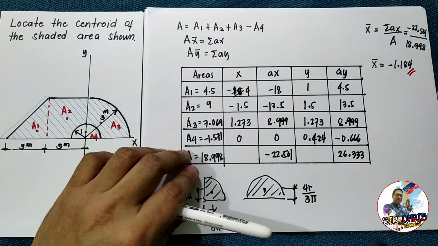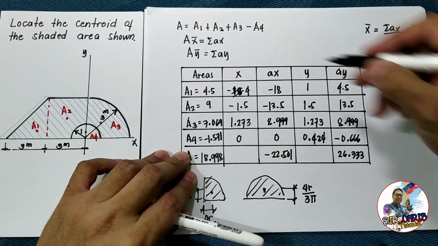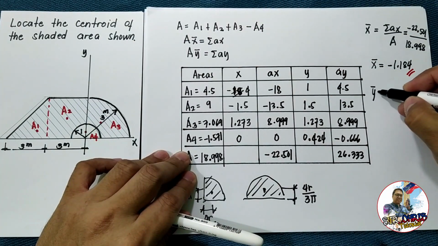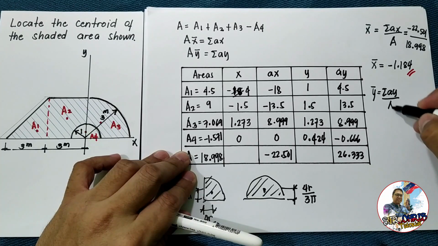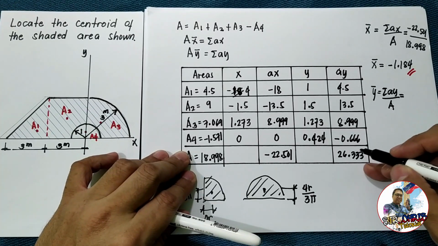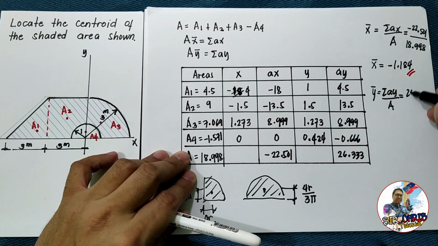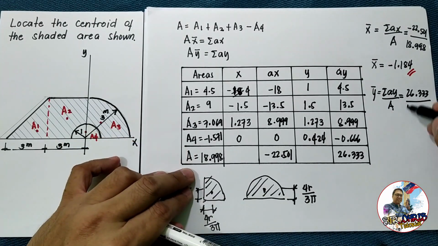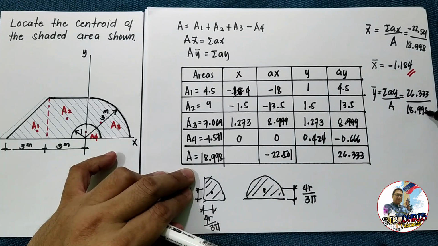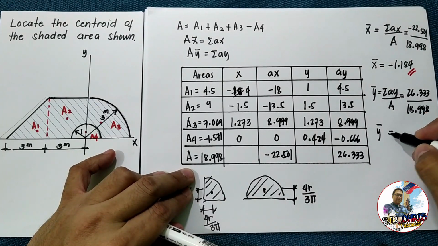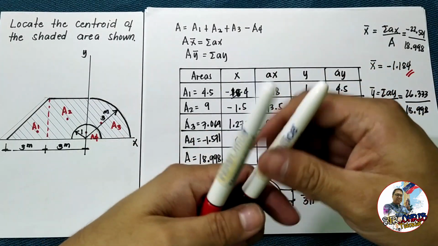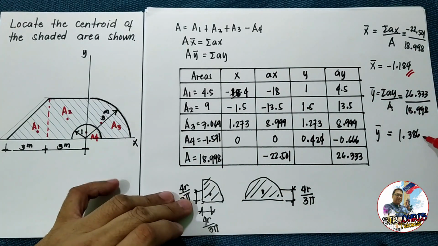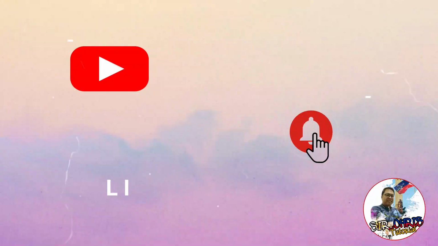Next we have Y bar. From that formula, Y bar equals summation of AY over A, which is 26.333 divided by the total area, 18.998. So Y bar is equal to 1.386. So we get the final answer for Y bar.